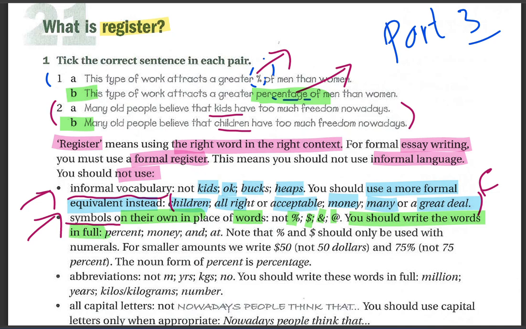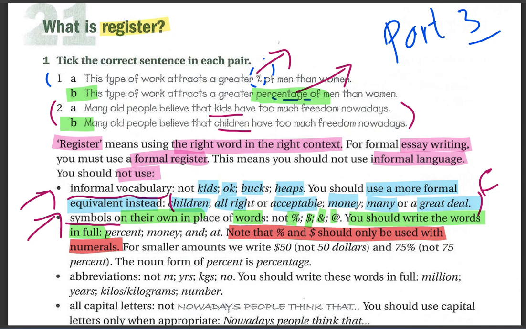Okay? Percent, dollar, and at. Note that % and $ should only be used with numerals. This part is really important. So we use the symbols only with numerals. So when you want to mention the number, you use the symbol.